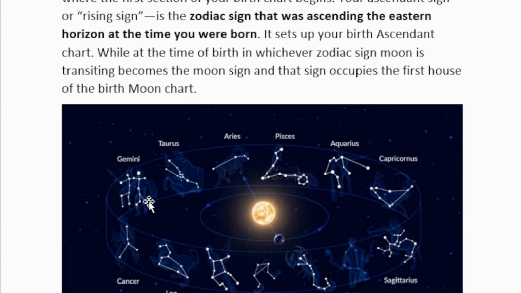This is the sphere. As we know, the sun moves around all the zodiac signs, changing its place to another zodiac sign after every month, and it takes the sun a year's time to complete this round.